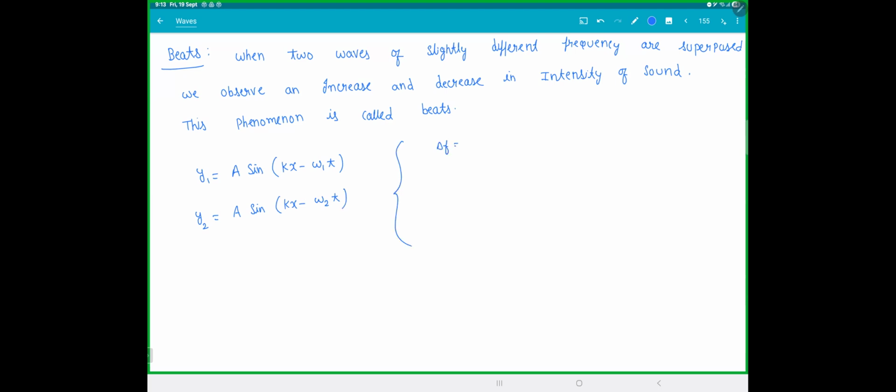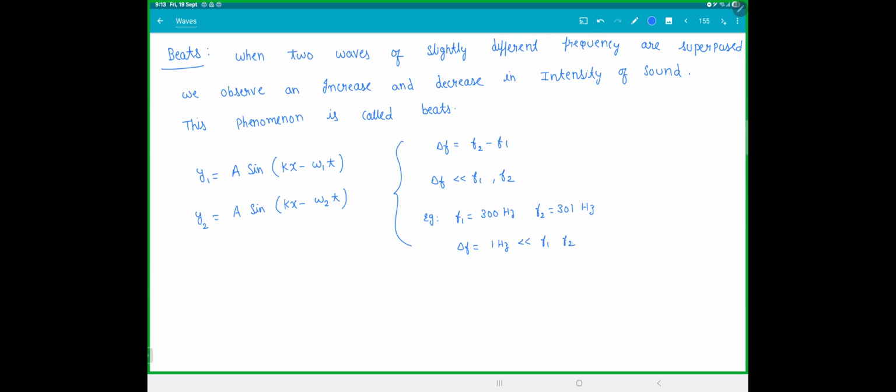The delta f, which is f2 minus f1, delta f must be much, much smaller than f1 and f2. Example, let's say F1 is 300 Hertz, F2 is 301 Hertz.